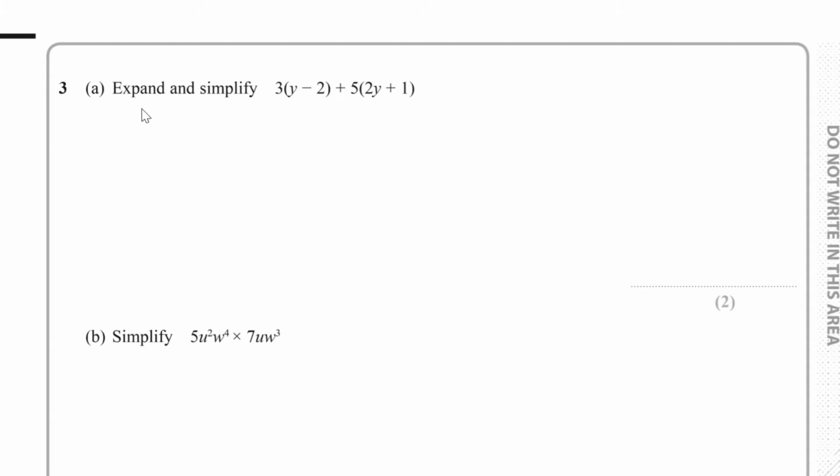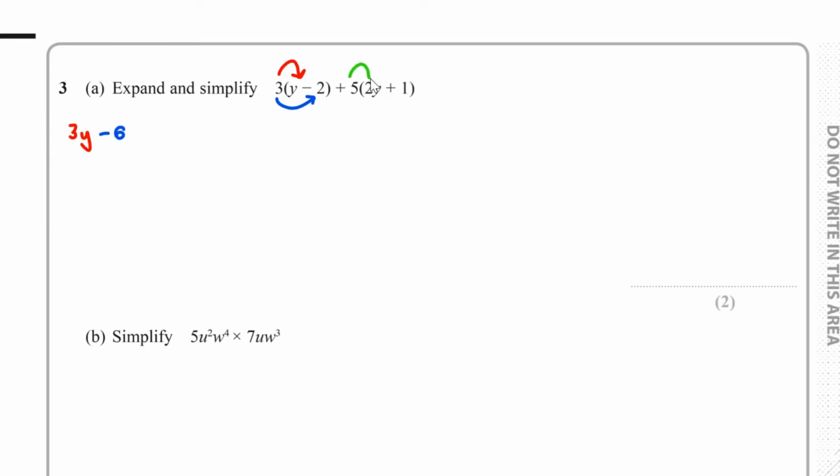For question 3 part A, we have to expand and simplify 3 lots of y minus 2 plus 5 lots of 2y plus 1. Well, 3 times y, that's 3y, and then 3 times minus 2, that's minus 6.